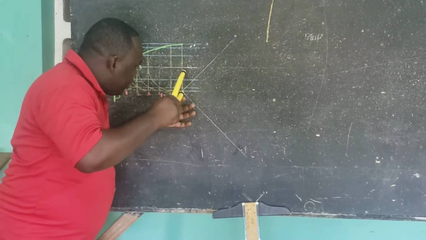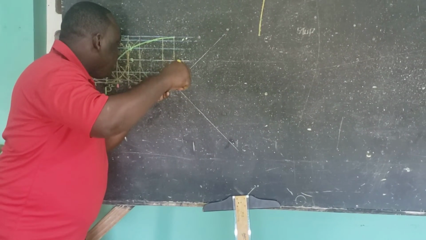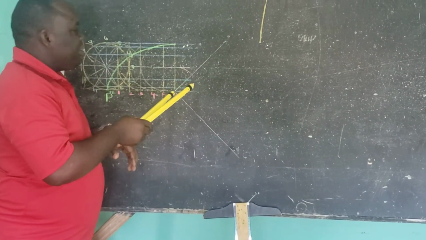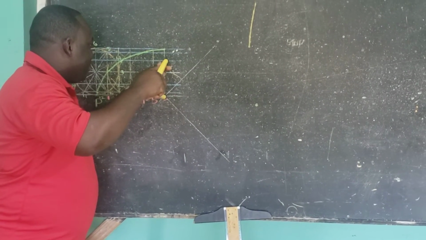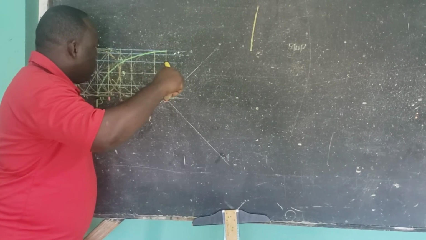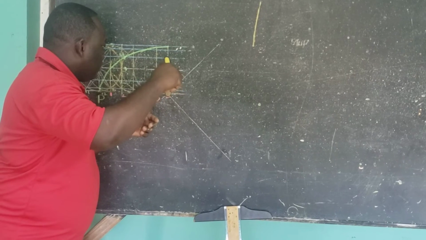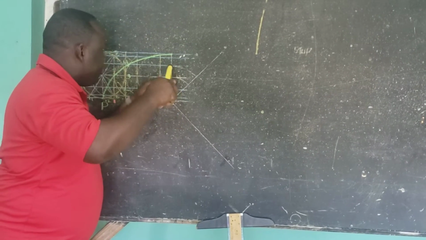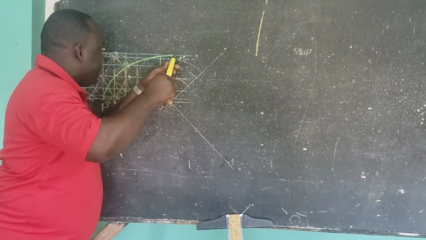Right here is where our little pivot will be. Now if I bring across my center line, notice I just brought across my center line. And let us see if I can bring across these lines that I have up here. Bring across that one. I'm going to also bring across that one.